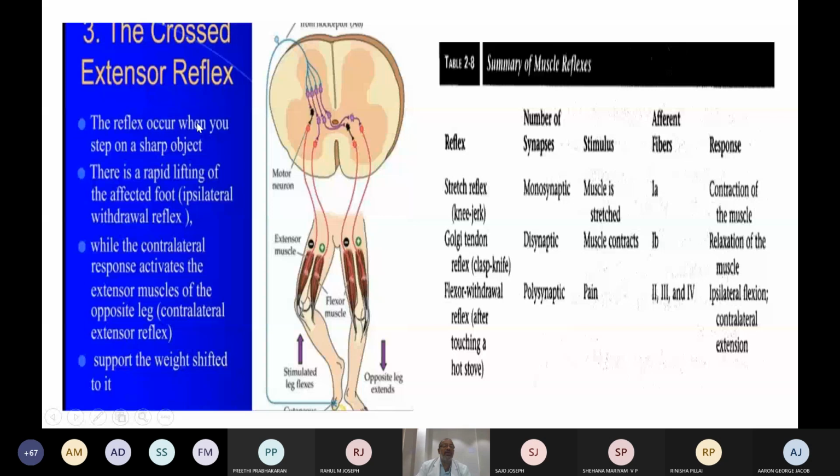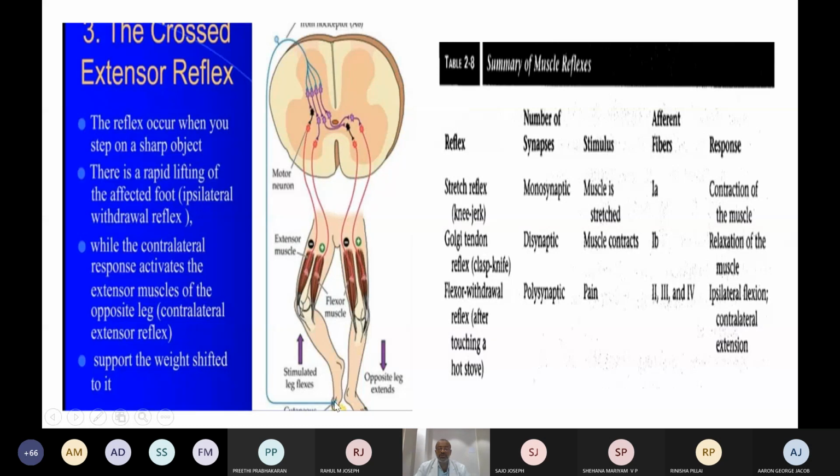Understood? The reflex occurs when you step on a sharp object. There is a rapid lifting up of the affected foot on the same side with the withdrawal reflex, while on the opposite side there will be activity of the extensor muscles, so that the contralateral extensor reflex is observed, which supports the weight shifted to that side.